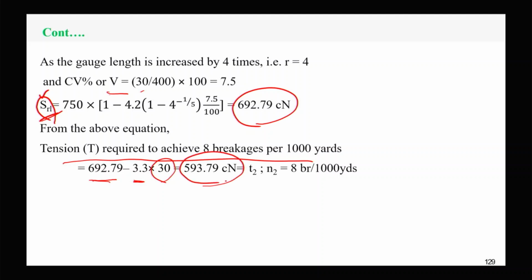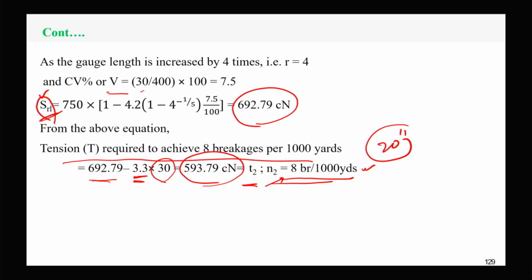So this tension, 593.69, is T2, and N2 is 8 breaks per 1000 yard, because the condition is that 8 breaks per 1000 yard and a gauge length of 20 inches are to be used, then only can we get the value. So the number of breakages, 8 breaks per 1000 yard, will be N2, and T2 is given.